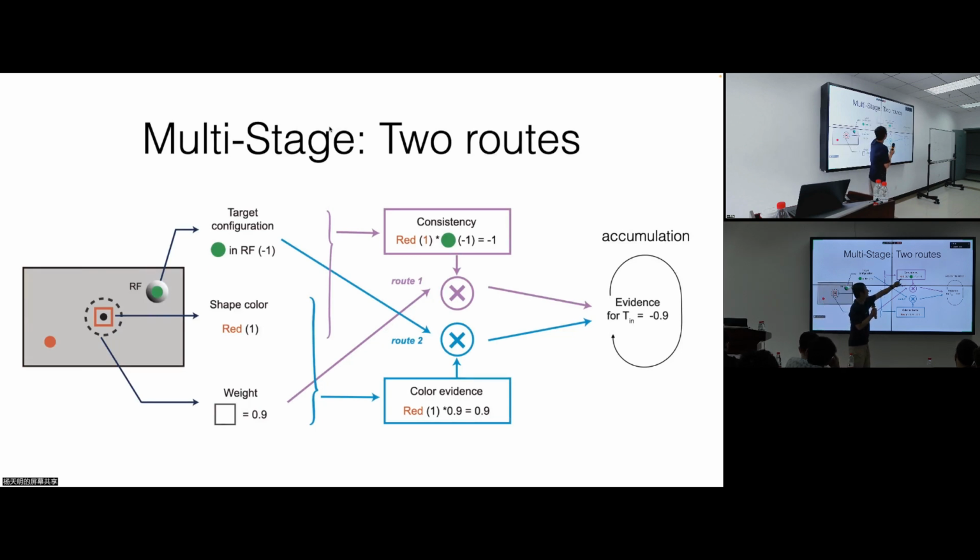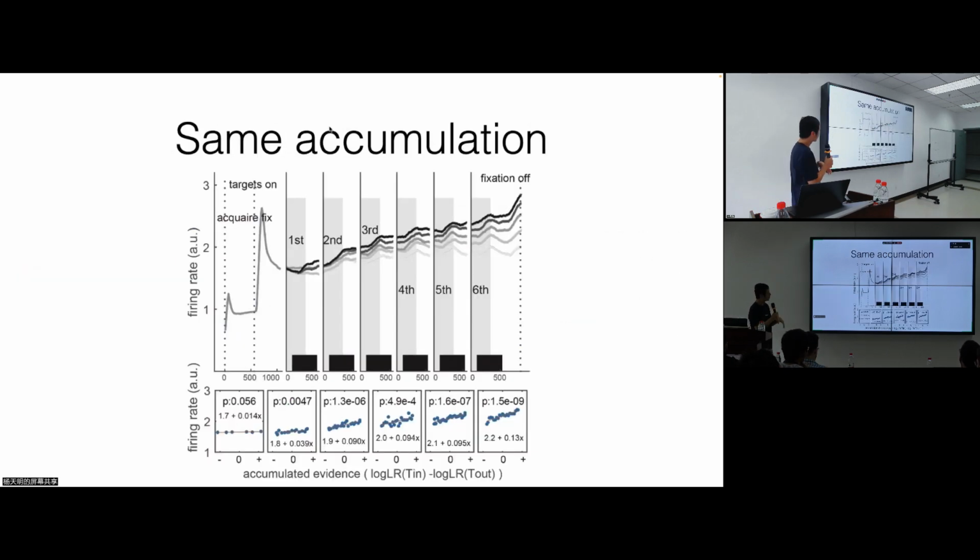And then depending on whether the color of the shape and the target inside the response field is consistent or not, then putting everything together, we know that the evidence is negative, right? So there are two routes to do this calculation. So when we look at the neurons, we can actually find evidence to decide how the monkey actually computes this evidence in this case. So first of all, we can show that the LIP neurons are doing accumulation very similar to what was previously shown.